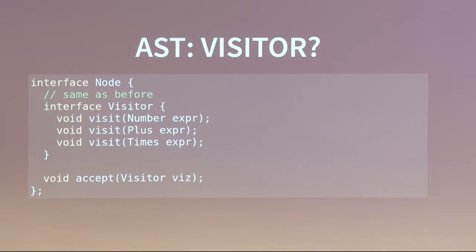So when we encounter language limitations, often people will try to sell us patterns, like Visitor. So here we go. That's a classic visitor. Inside Node, you put an interface Visitor with a function visit for number, plus, times. And in Node, you put a function called accept, which takes a visitor. By the way, I always forget which one is which. When I made those slides, I swapped them, and I had to change them.